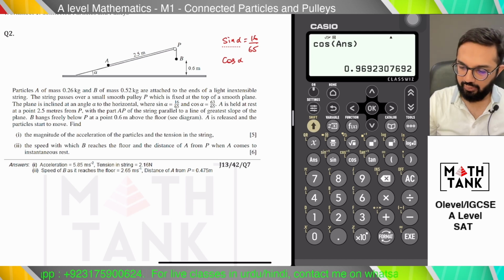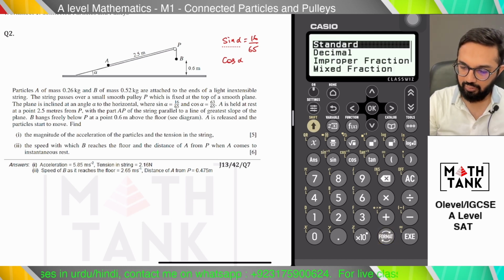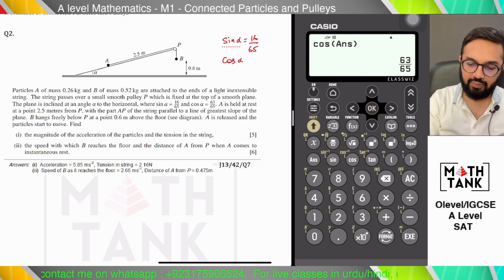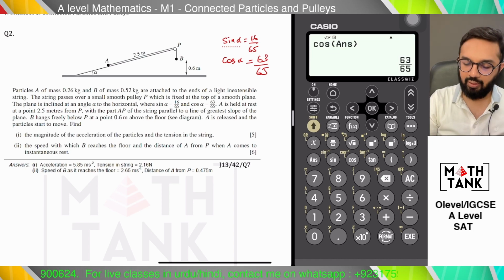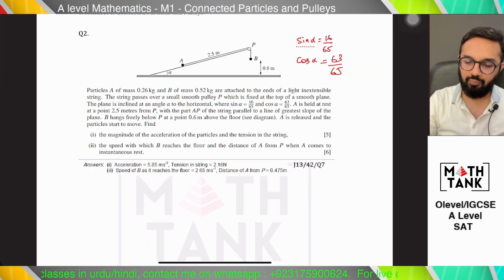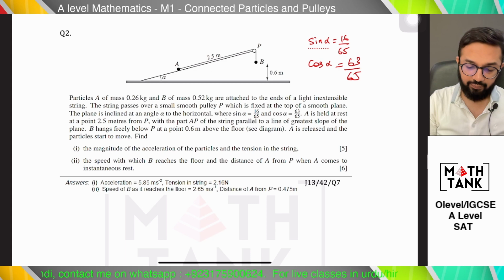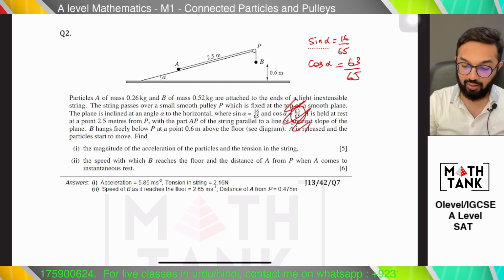Okay, why is this not coming up? I think my calculator is set to a different mode, so 63 over 65. Okay, so that is cos alpha for me. It says A is, oh okay, that was given for me. I shouldn't have calculated that.